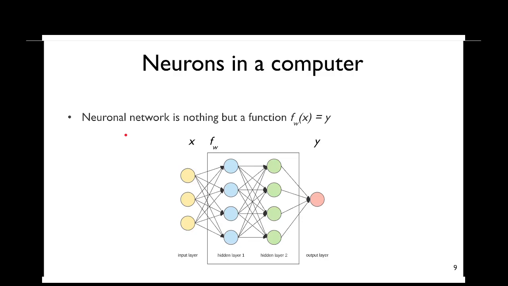Conceptually, one can view a neural network as nothing but a mathematical function fw of x equals y, where x is the input, y is the computed output, and the function that does the computation is fw. And the w are the weights, the parameters, which are used to weigh the input.